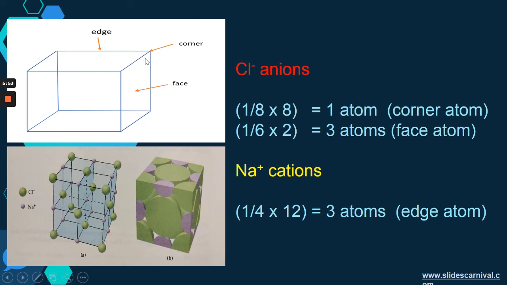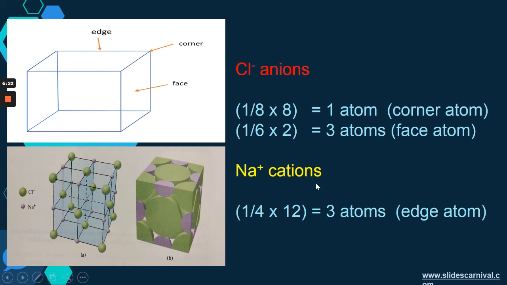We have 12 edges in the cubic cell, but each edge atom is shared by 4 cells. So we calculate 1/4 times 12, and we have 3 atoms for the edge atoms.